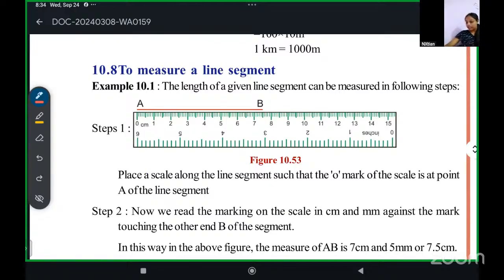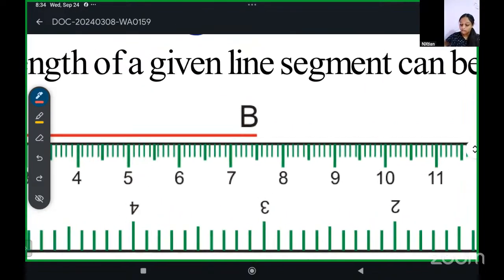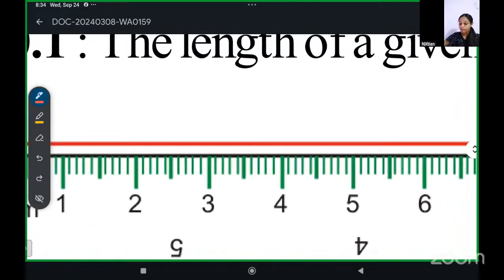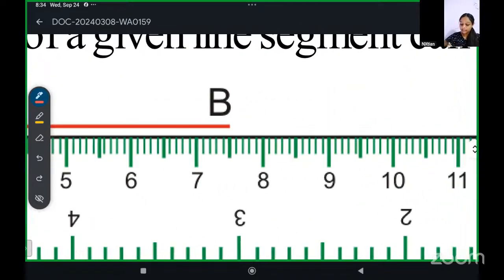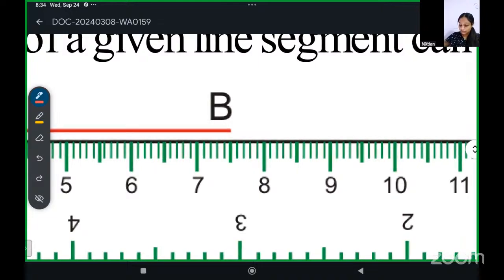Now we read the marking on the scale in centimeter and millimeter against the mark, touching the other end B. So we will read from here, till how much is it going?